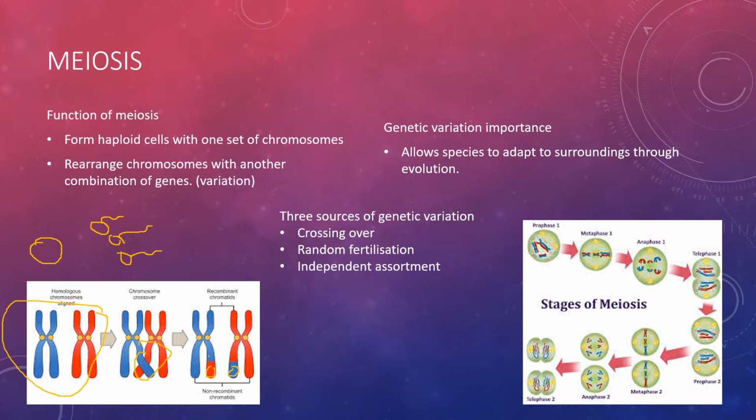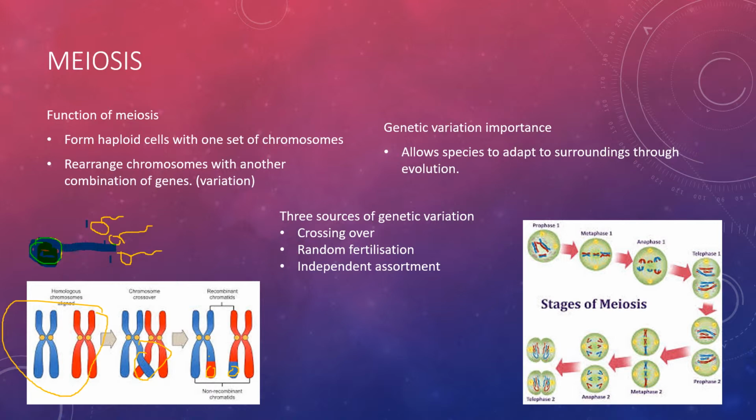Let's do an egg in the color blue. So you have your egg cell. And we don't know which one, this one or this one, is going to fertilize that egg. They all hold the same genetic information, but they hold different alleles.